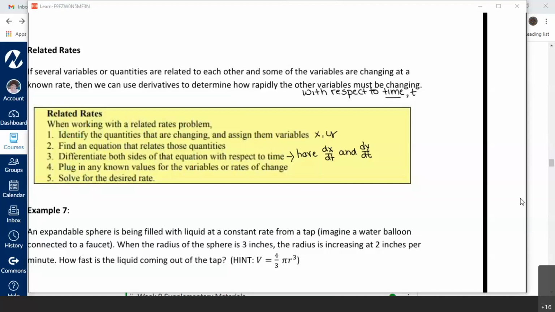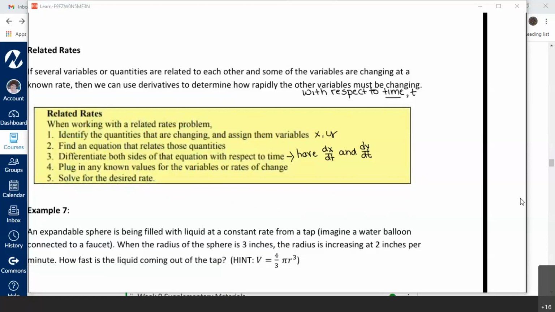If we know how fast the radius is changing, we can get an idea of how much surface area of the ocean that slick is covering, which might be important if we're the ones who have to clean it up. So you can see where related rates are used.